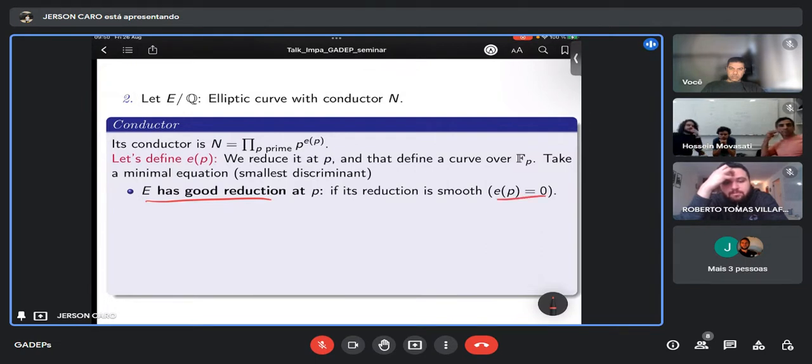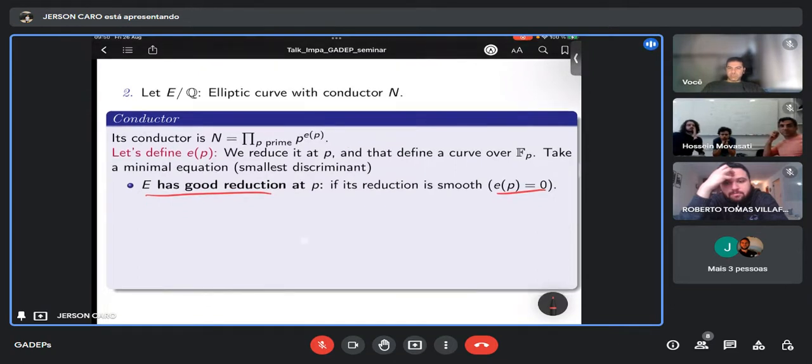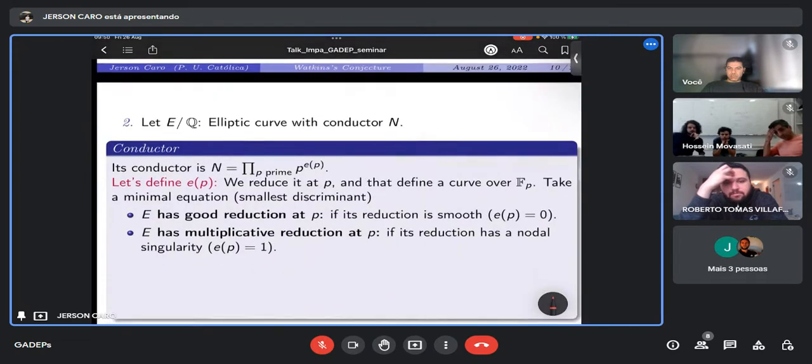And we define e_p as 0. Almost all the primes reduce well, and for this reason e_p is equal to 0 in almost all cases. So in particular, this number is well defined, because e_p is 0 for almost all p.